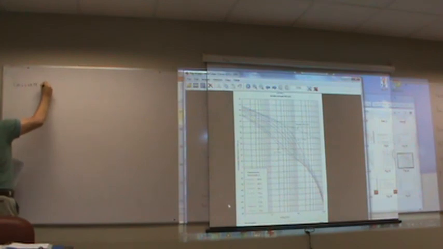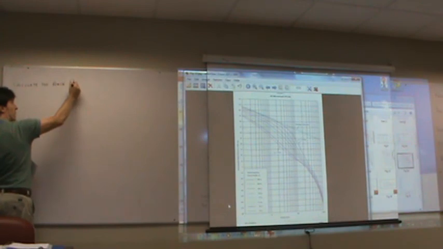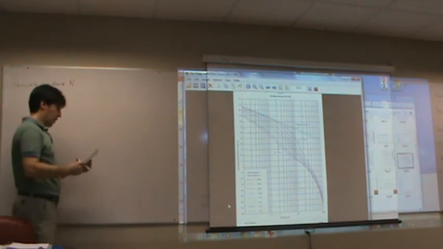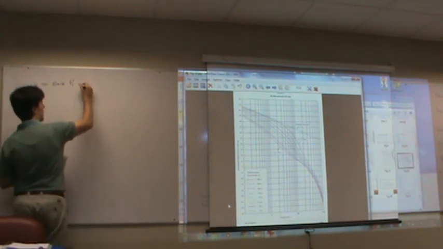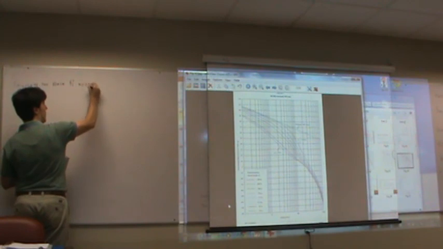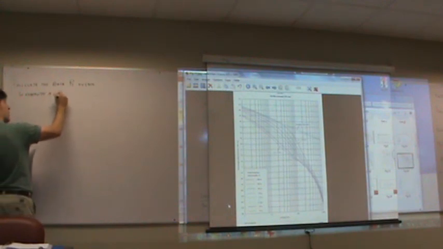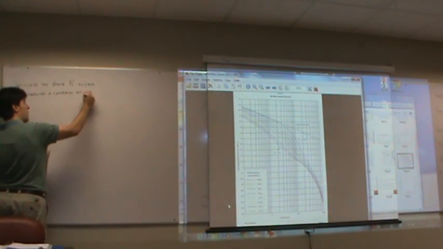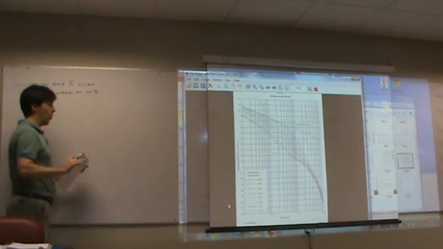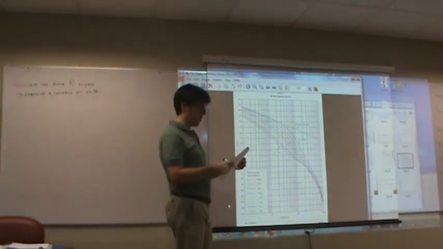Calculate the power needed to guarantee a coverage of 50% of the points. So we are still using the graphic, 50% of the points.